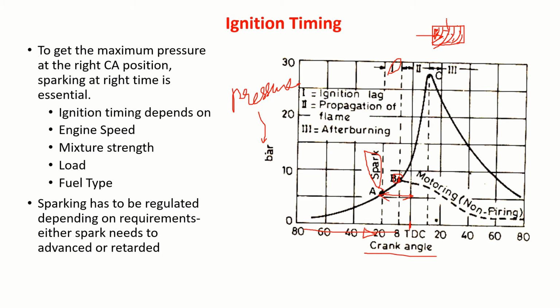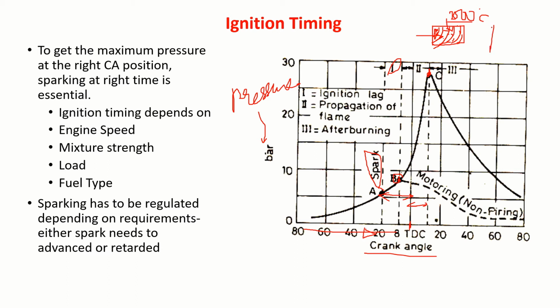Here the temperature will be very, very high, maybe something like 2000 degrees Celsius plus. More than that. We calculate adiabatic flame temperature and all that. Let us say it's more than that temperature. As this charge is consumed, pressure increases. So the maximum pressure normally occurs around 10 to 11 degrees after the top dead center.